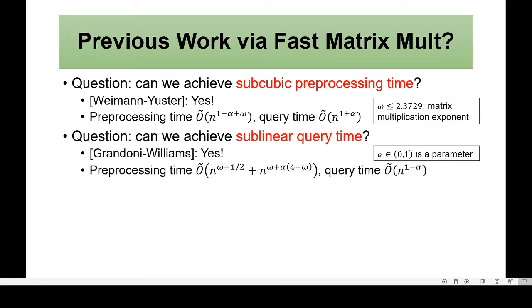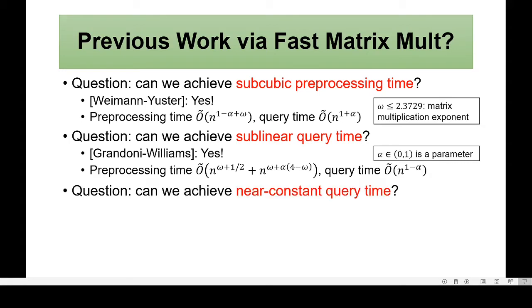Brand and Saranurak show the answer is yes. In particular, they gave a DSO with preprocessing time n^((ω+1)/2) plus n^(ω+α(4-ω)), and query time O(n^(1-α)). Again, this α is a parameter between 0 and 1. For suitably chosen α, the preprocessing time is subcubic and the query time is sublinear.